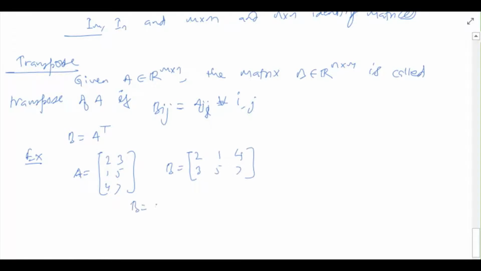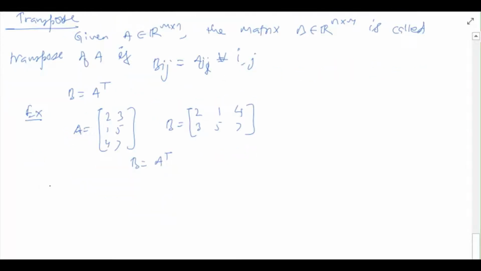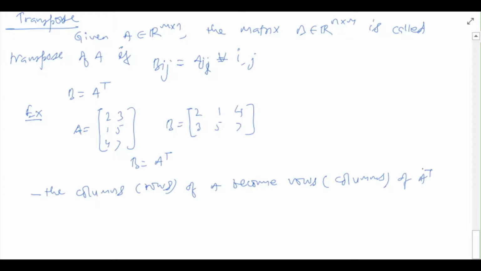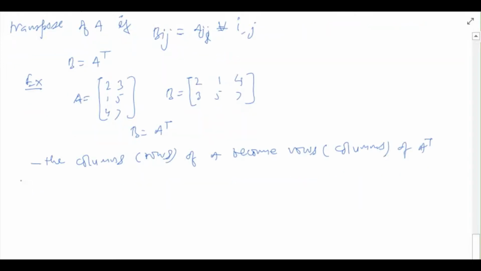Then clearly B is the transpose of A. So actually when we do transpose, the columns of A become rows of A transpose and rows of A become columns of A transpose. Here are a few properties of transpose.